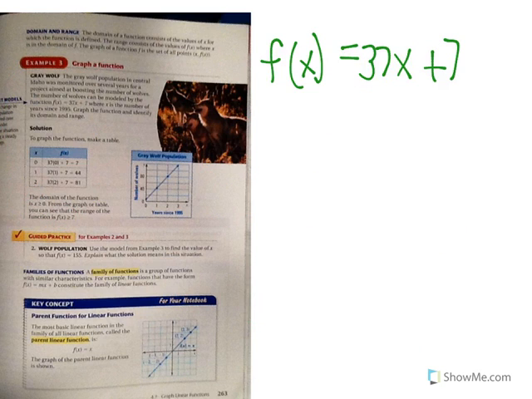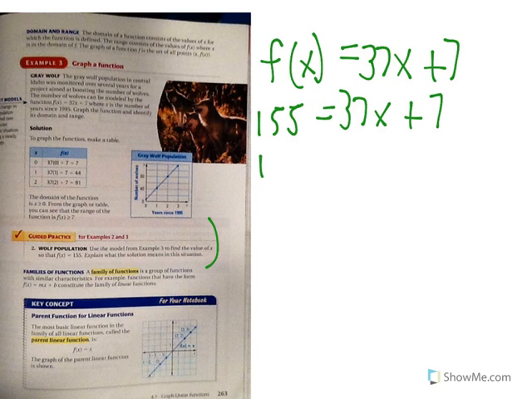So now we're looking at a little bit different of a problem. Here we're solving for when the function's value is equal to 155, that's equal to 37x plus 7. So basically here's what's happening. We're going to subtract 7 from both sides.